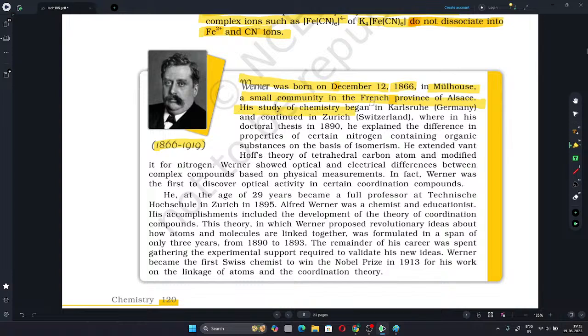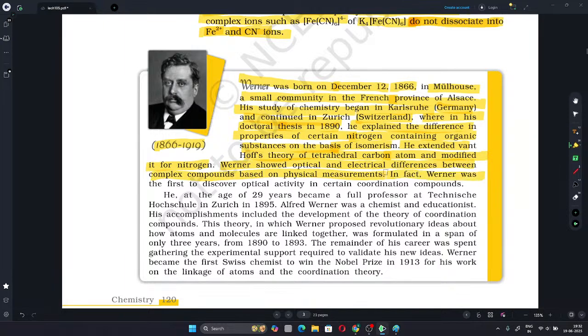His study of chemistry began in Karlsruhe, Germany, and continued in Zurich, Switzerland, where in his doctoral thesis in 1890 he explained the difference in properties of certain nitrogen-containing organic substances on the basis of isomerism. He extended Van 't Hoff's theory of the tetrahedral carbon atom and modified it for nitrogen. Werner showed optical and electrical differences between complex compounds based on physical measurements.